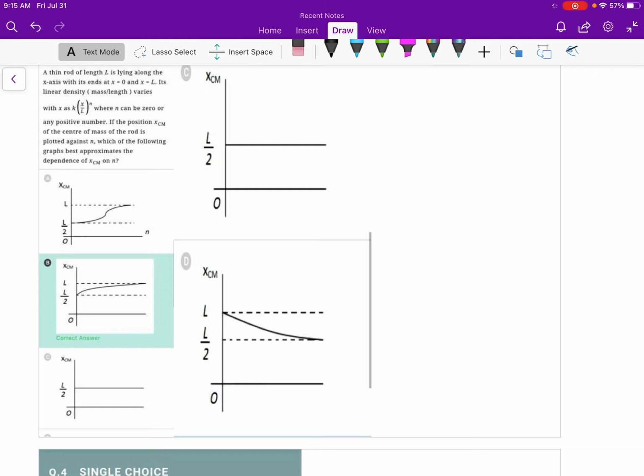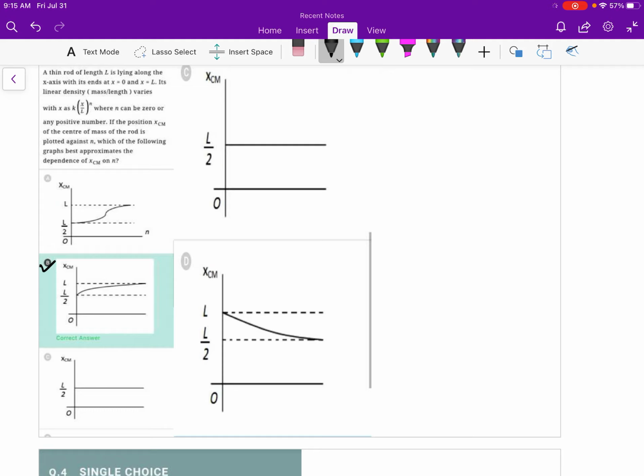So center of mass x coordinate will shift towards L continuously. So starting x coordinate is L by 2, and as n approaches infinity, the center of mass x coordinate will approach x equals L. So B is the correct option.